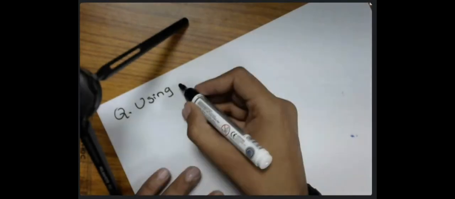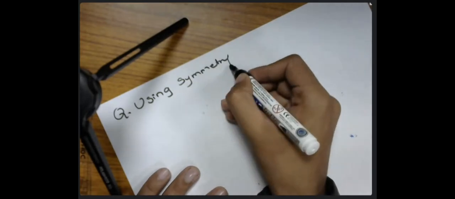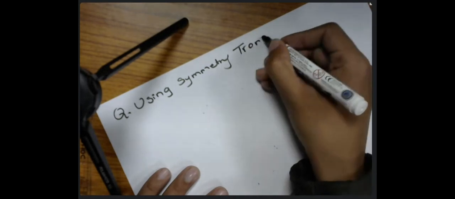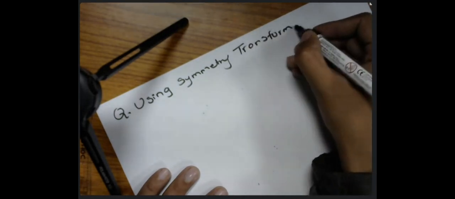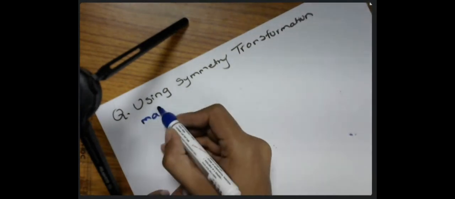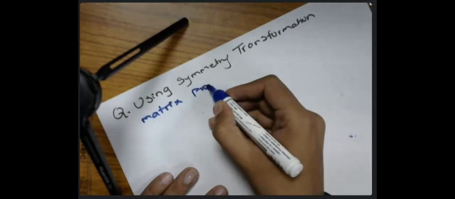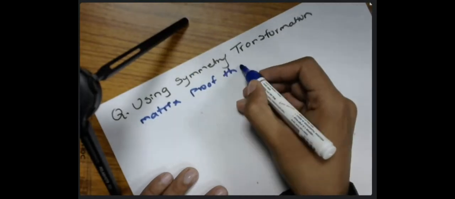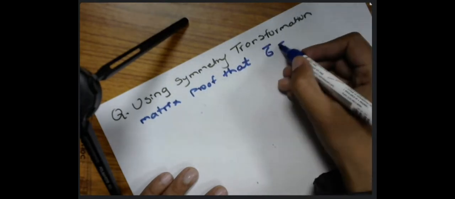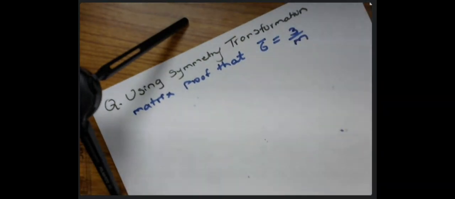So using the symmetry transformation matrix, we have to prove that 6 bar is equal to 3 over m. Okay, so this is what we need to prove.